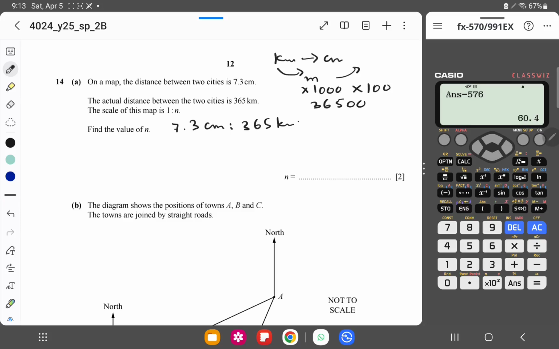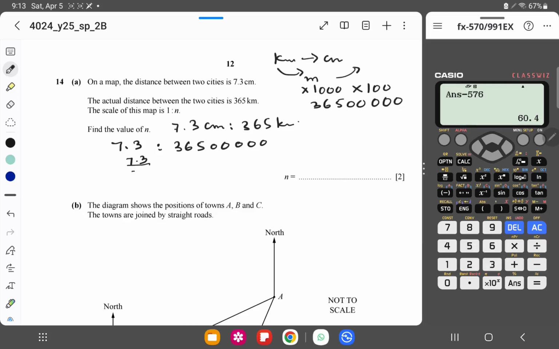So it means that we multiply by 100,000 to get 36,500,000. So 7.3 is to 365 and then 5 zeros. I wrote it as a ratio, and they both are in centimeters. 1:n means divide both sides by 7.3.